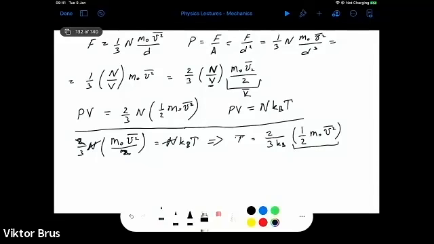So this all was derived for monoatomic ideal gas, and based on this equation or this ratio, we can write that kinetic energy m naught v square divided by 2 is equal to 3 divided by 2 times Boltzmann constant times temperature.